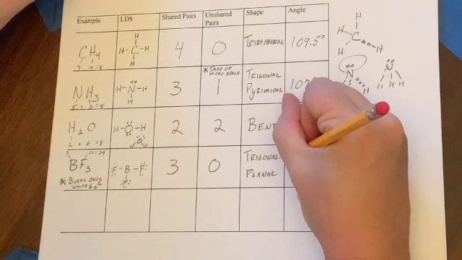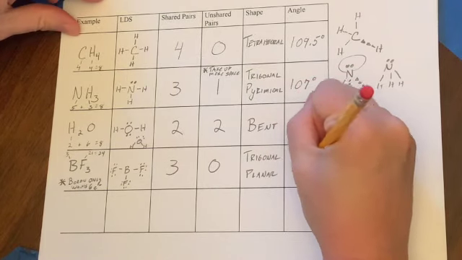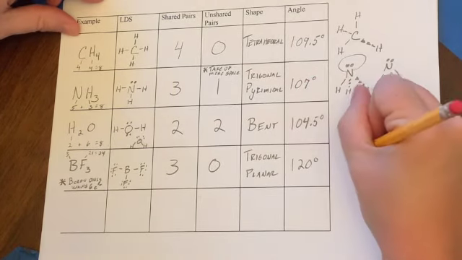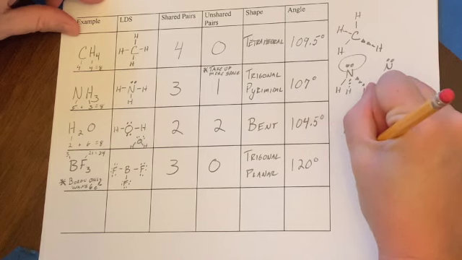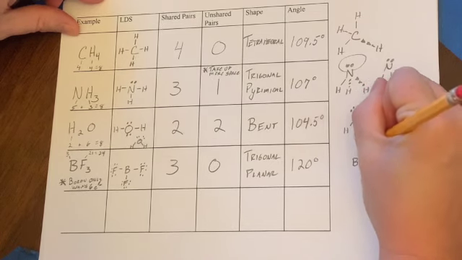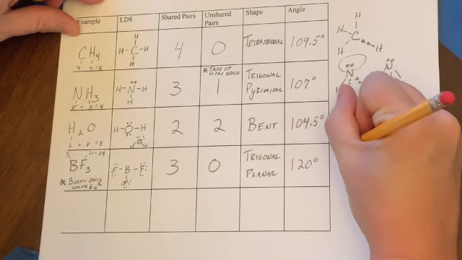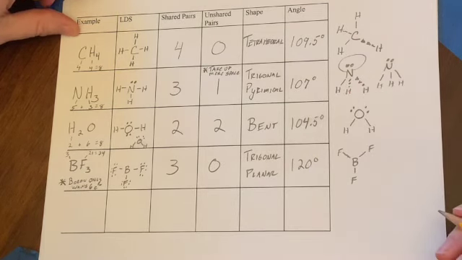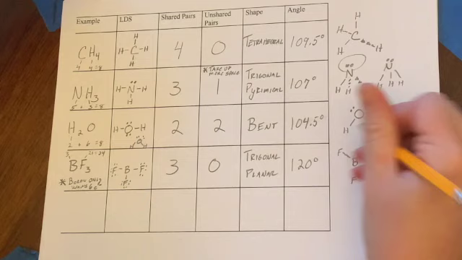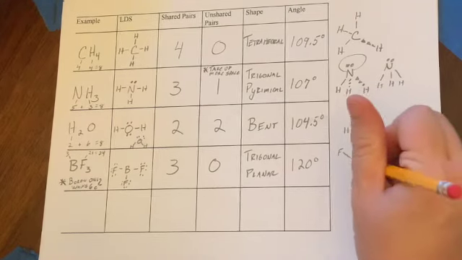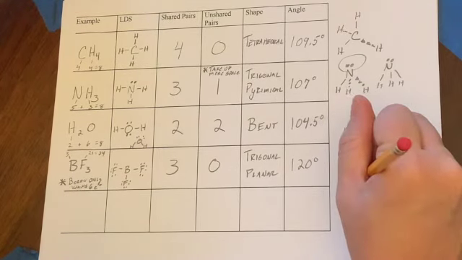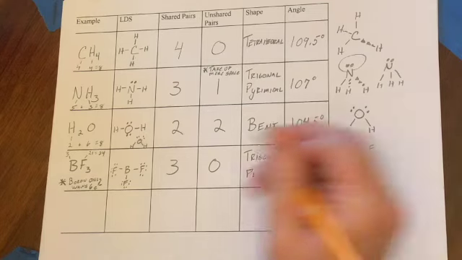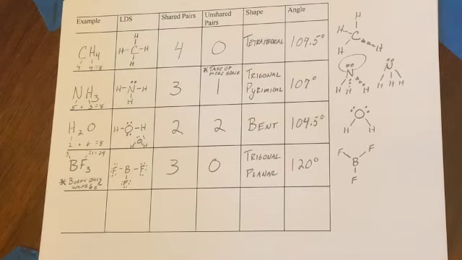Trigonal planar's angle is 120 degrees. And how we would draw this one, okay, would be for this. And just to show what's going on with that, okay? Typically, when we're just drawing these quickly like that, we're not including the extra electrons around the outer elements, but when you ask for Lewis dot structure, you have to.